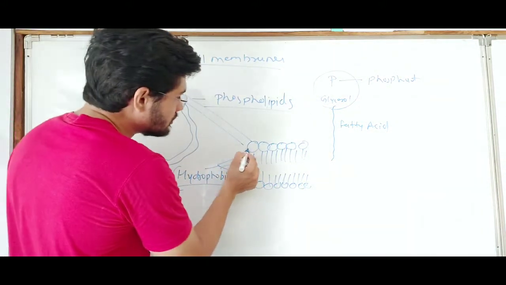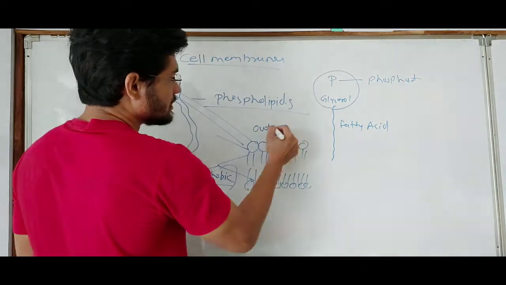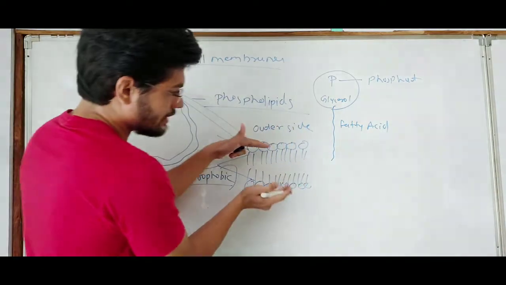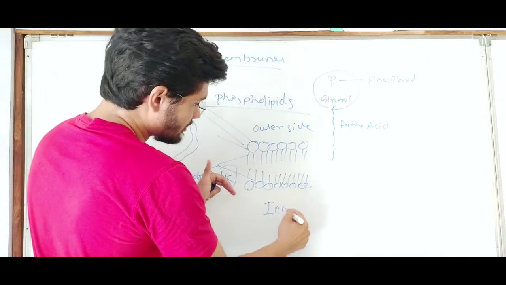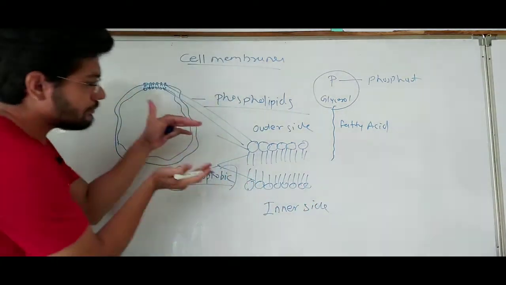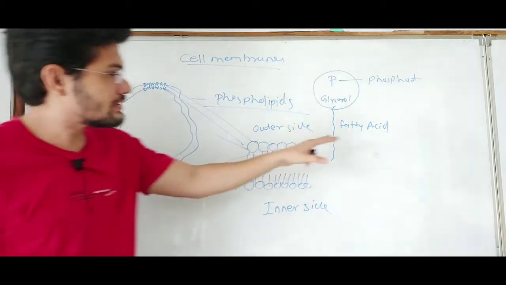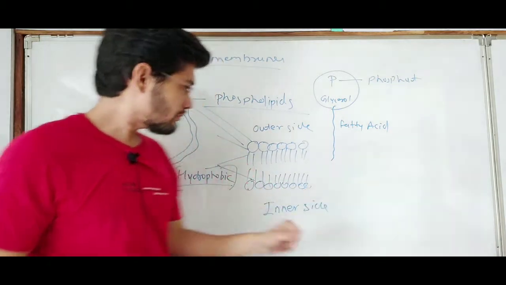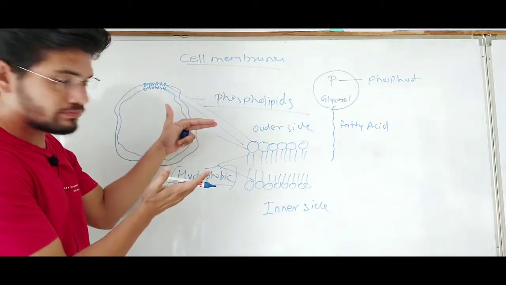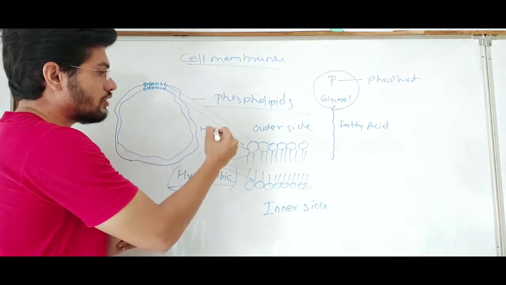Let's say this is the outer side of the cell, this is the cell membrane, and this is the inner side or cytoplasm of the cell. In between is the hydrophobic region, because there are fatty acids in it, and on both sides there will be a hydrophilic region.